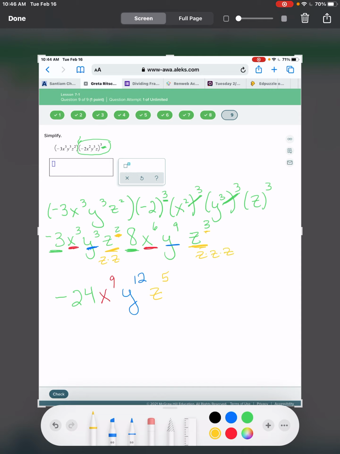Okay, this is going to be more than I can probably remember to put in the answers, and I don't have scrap paper. Here we go. Negative 24, x to the 9th, y to the 12th, z to the 5th.